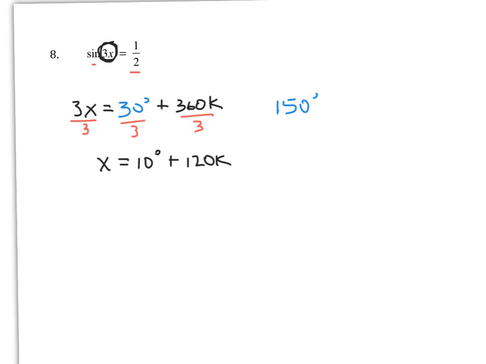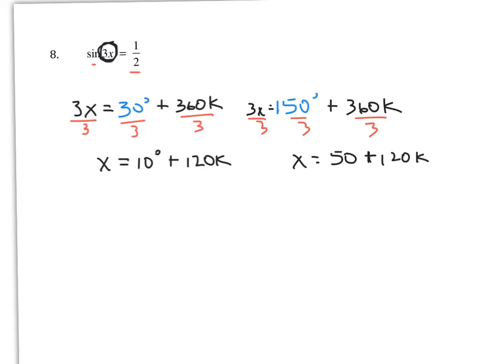All right, let's do the 150 as well then. If 3x is equal to 150 plus 360k, and I divide by 3 again, then x is also equal to 50 plus 120k.